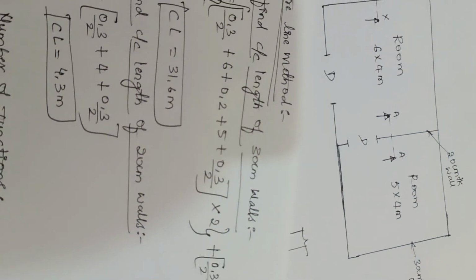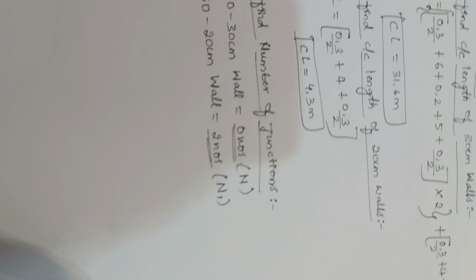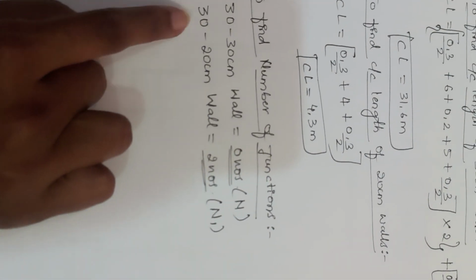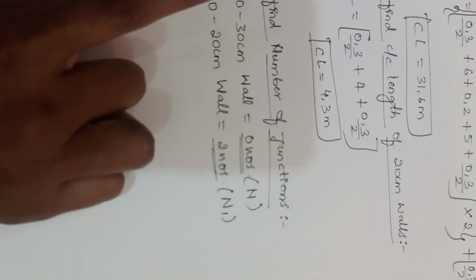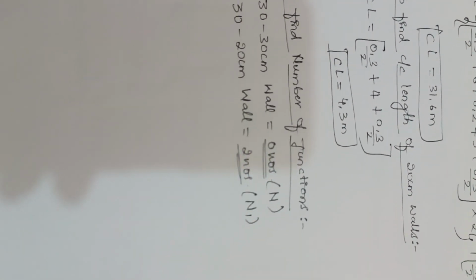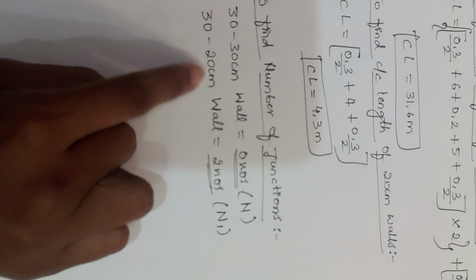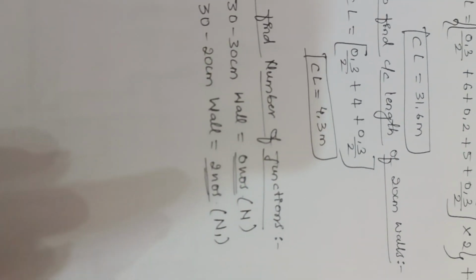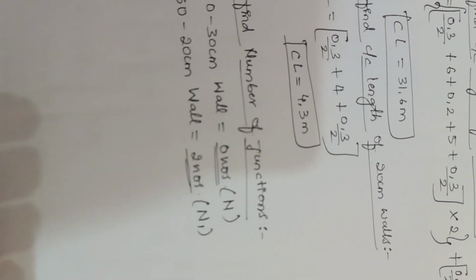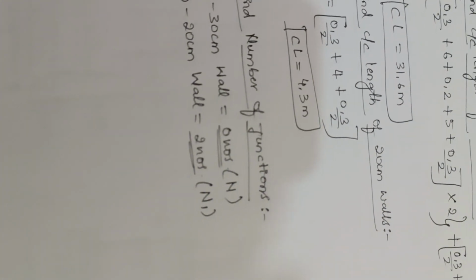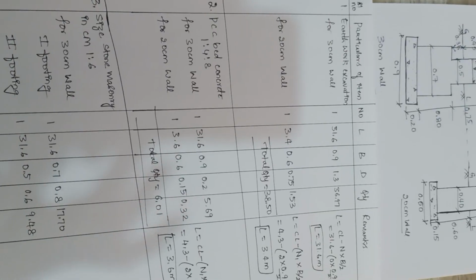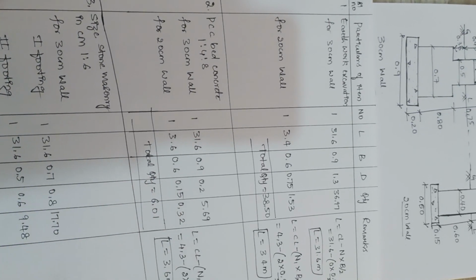So you will get a total of two junctions in the second case, that is 30 coinciding with your 20 centimeter wall, and this coincidence is happening at two faces or two points. Hence we can name this as N1, which is equal to 2.